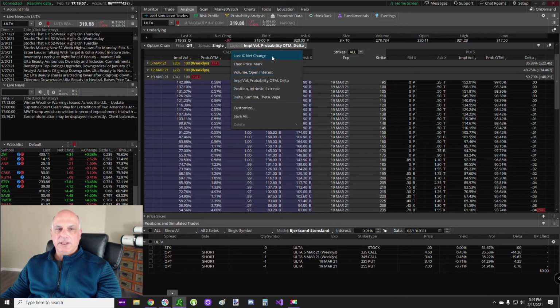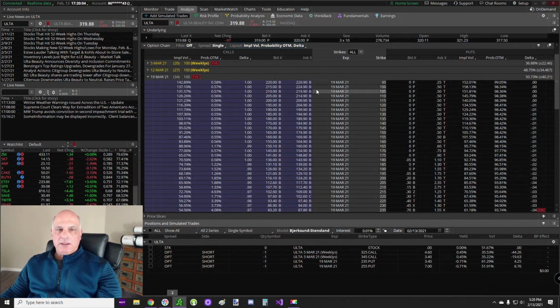In this case, we want to see the implied volatility, probability out of the money, and delta. These are important to sellers of premium. We want to be able to look at delta right away, and the percent out of the money, the probability of an out of the money trade.